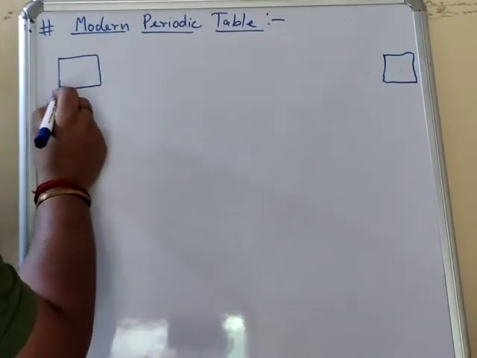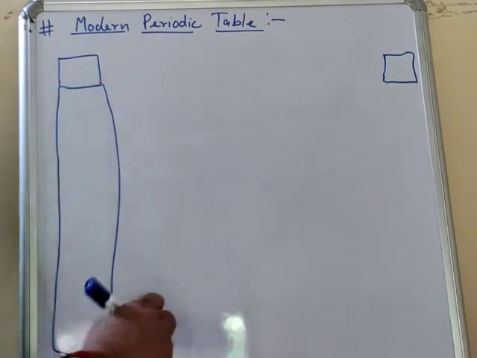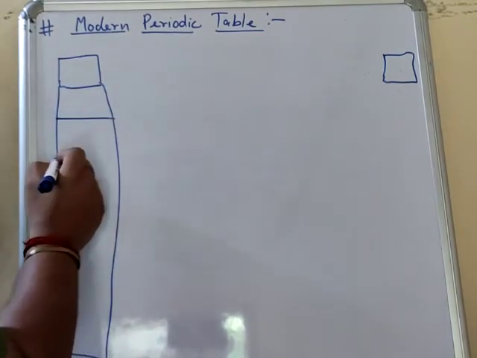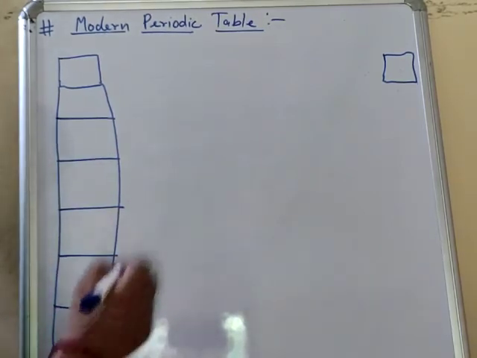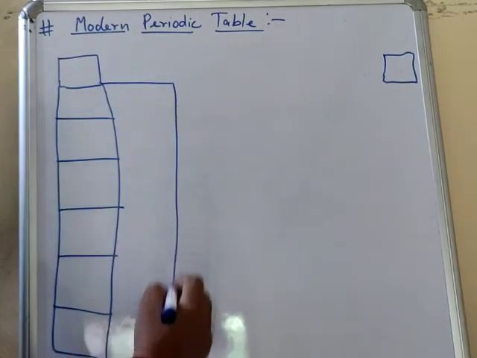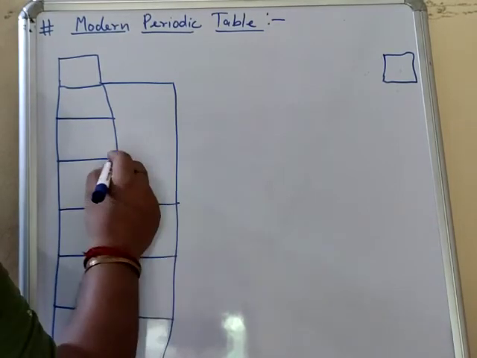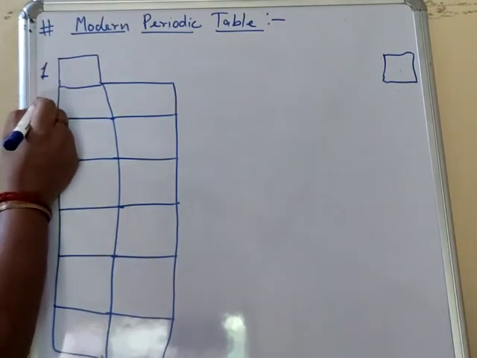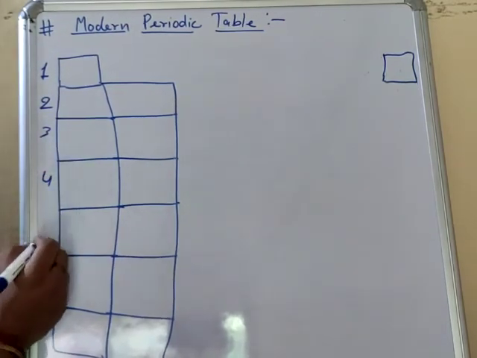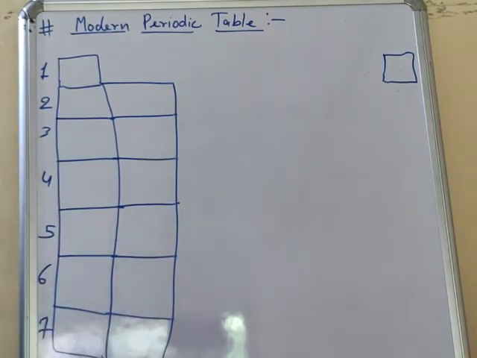After that, that is the first period, second period, third period, fourth period, fifth period, sixth period, and 7th period.